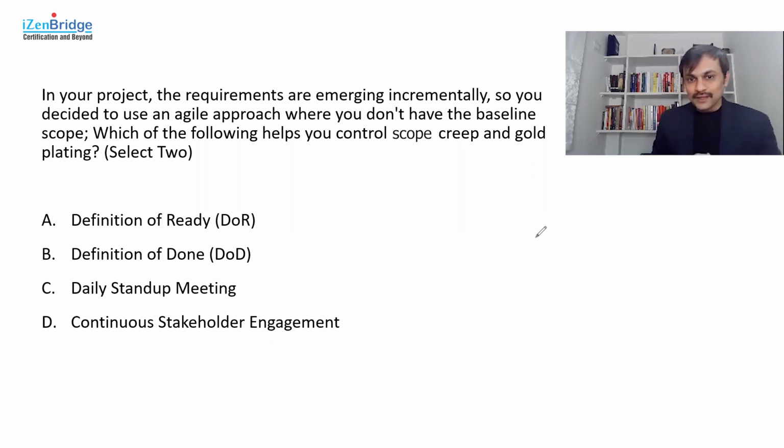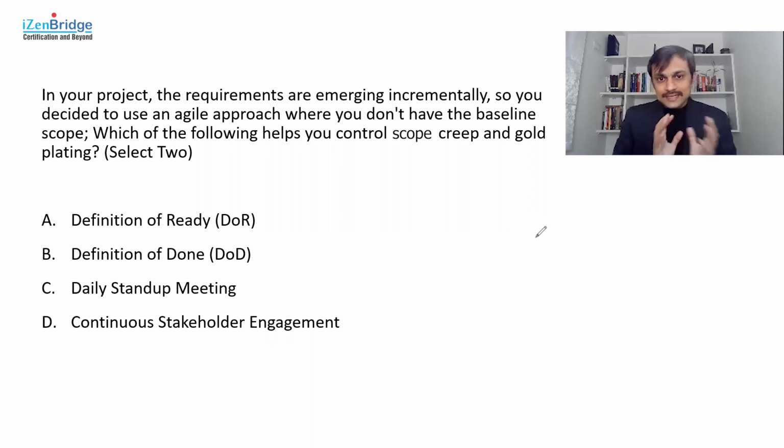Okay, so the way I read this particular question, it is mixing some terminologies like scope creep and gold plating. And if you are new to the project management space, even if you understand the agile way of working, you may find it difficult because these words are coming here. So what is happening here?